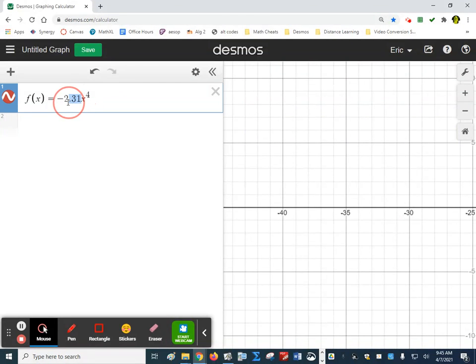Okay, what if we do something like negative pi x to the 41st? What's the end behavior going to be? What's the left end behavior going to be? Okay, the left end behavior is going to be up, right? How come?